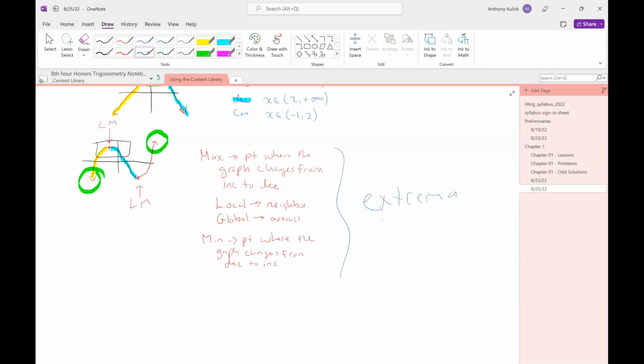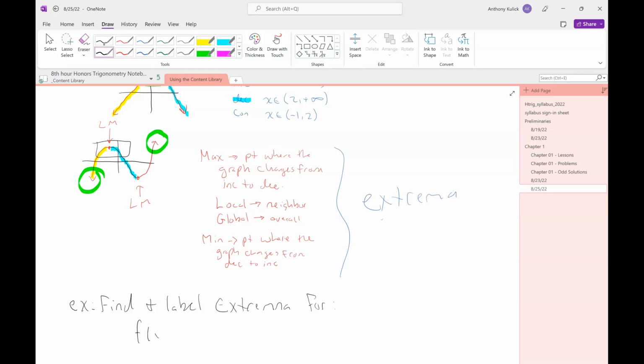So either maximums or minimums are called extrema. You say it's easy. Okay.